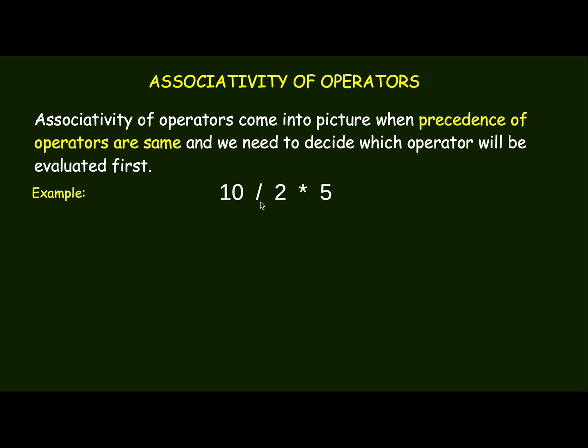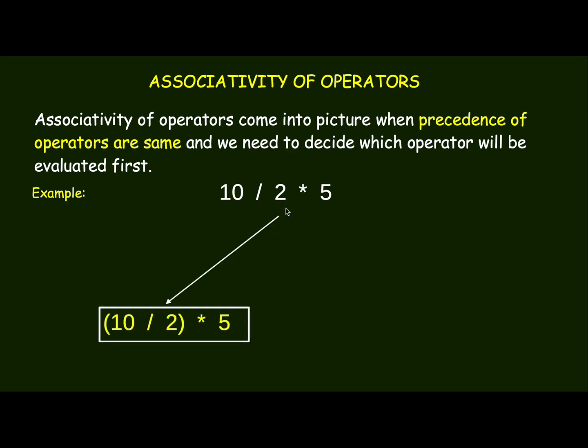Now, let's look at this. When we decide to do division first, this is how it is going to look: 10 divided by 2 multiplying 5. Or we decide to do multiplication first: 10 divided, bracket open, 2 multiplying 5, bracket close.